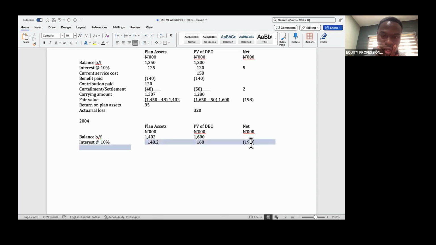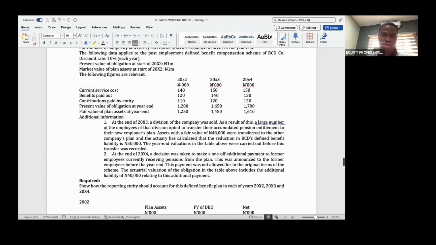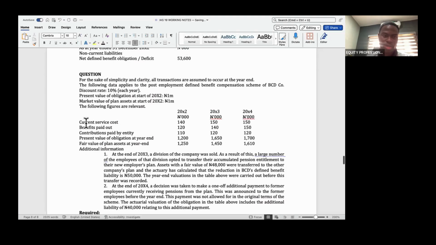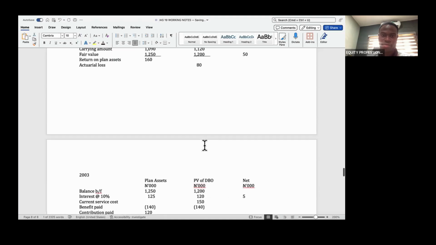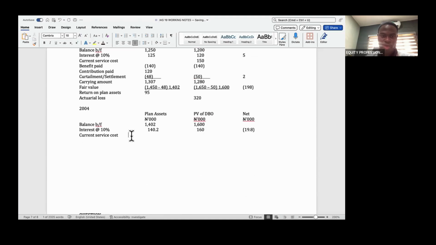So, as we were saying, we have 19.8. That's the difference. Then we have our current service cost in 2004. Our current service cost remains 150. Where would this one go?